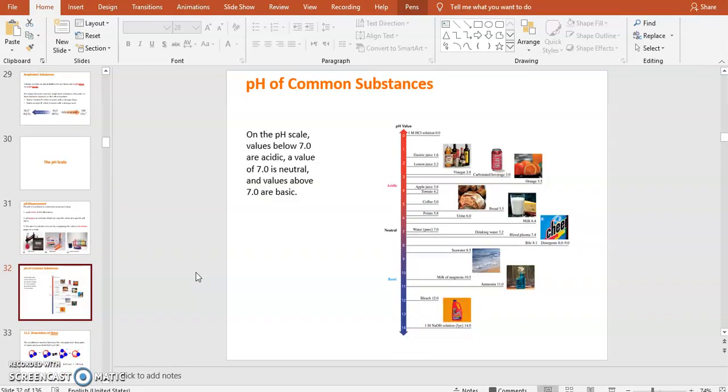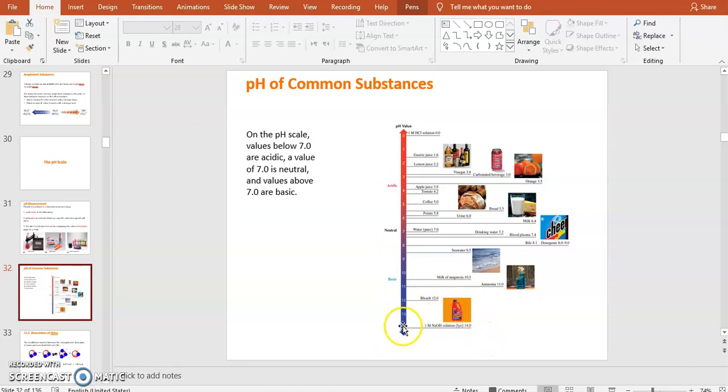So these are some of the pH scale, some of the kitchen stuff and everyday stuff and their acidity, to determine if it's acid or base, depending on the number they get or how much hydrogen ion is in their solution.